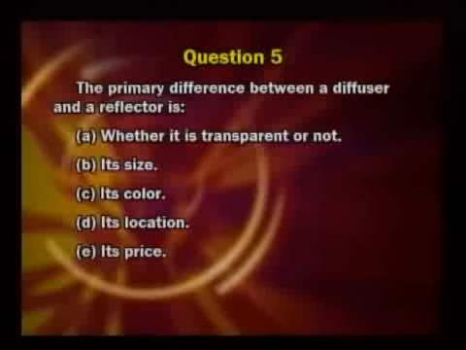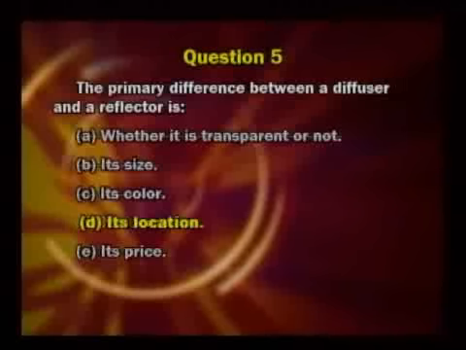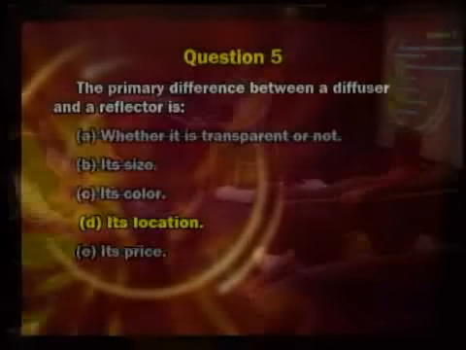I'd say probably its location. Bingo. Its location. Diffusers go between the light source and your subject. Reflectors go outside of the light source and your subject. You put your subject between your reflector and your light source. So the answer there is its location. That's the only difference.